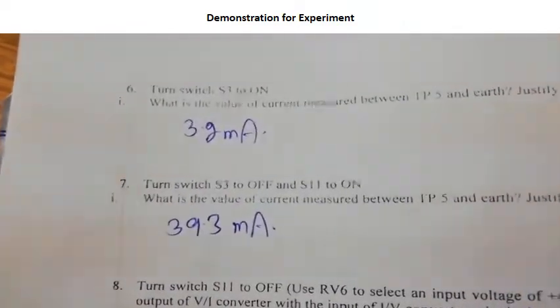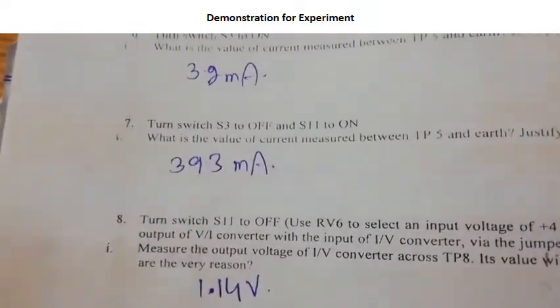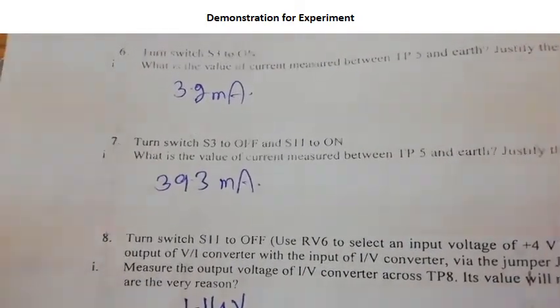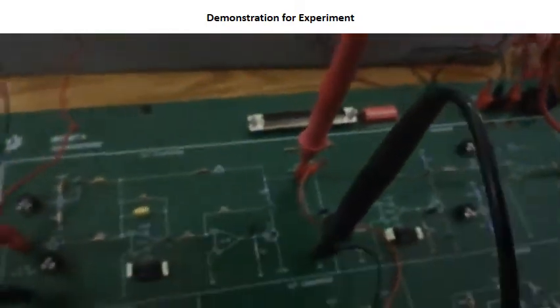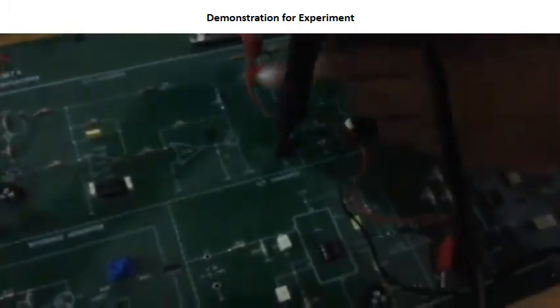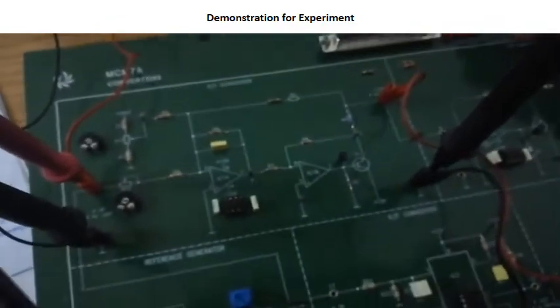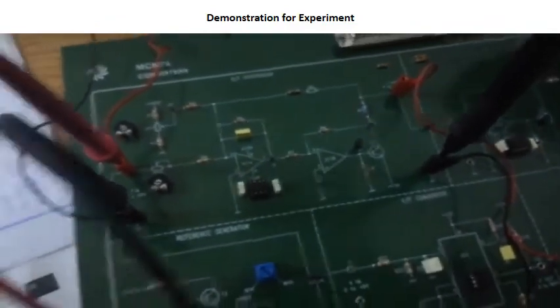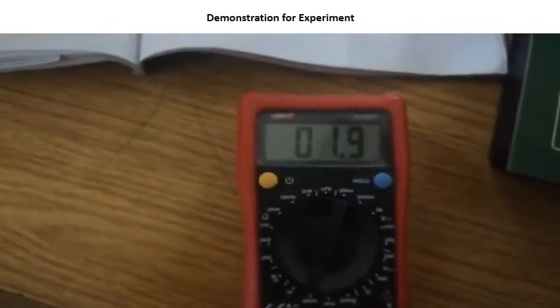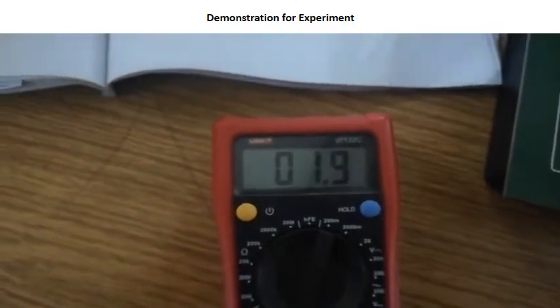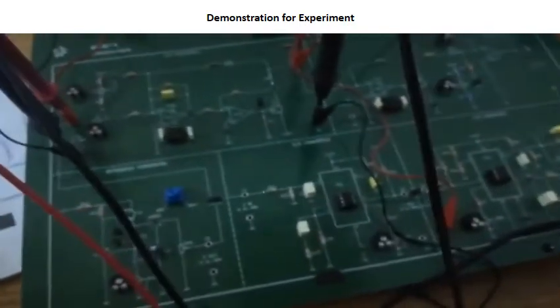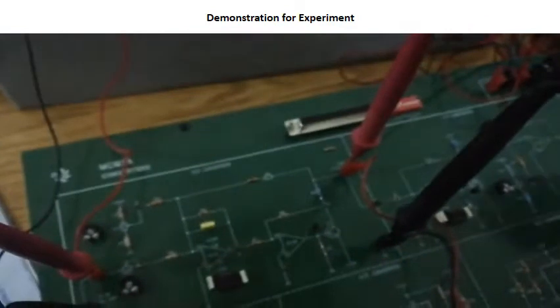Now we will switch on S3, which is available at our module, and we will measure the current. Let's see what happens when we switch on S3. Now we will measure the current value, whether it changes or not. Yes, we can see it is 1.9 microamperes.